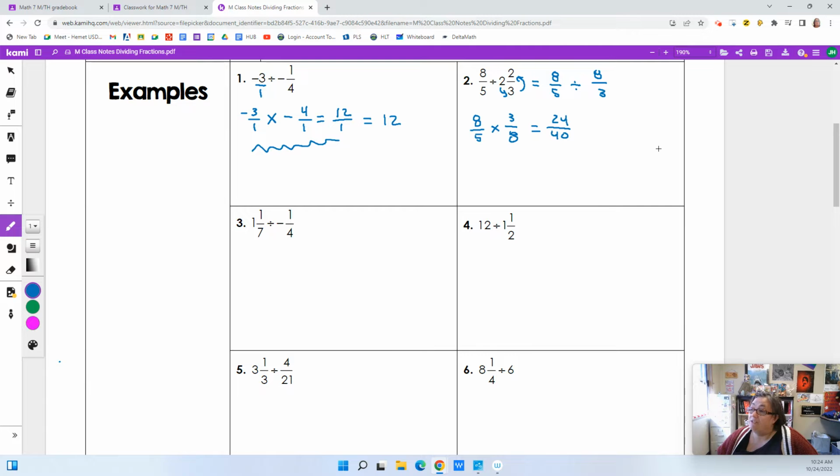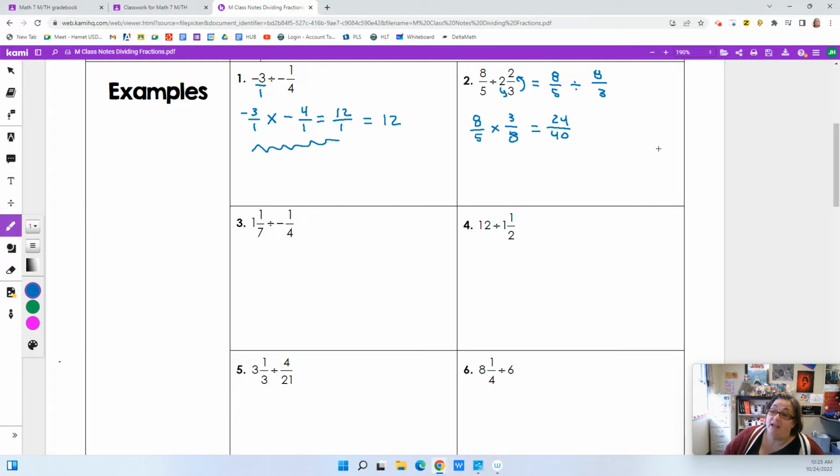Can I reduce this fraction? Can I simplify this? Heck yeah, they're both even numbers, so I know that I can. I also know that they're both divisible by 2, because they're even numbers, but I know that they're divisible by 4. You know what else I know they're divisible by? 8, right?